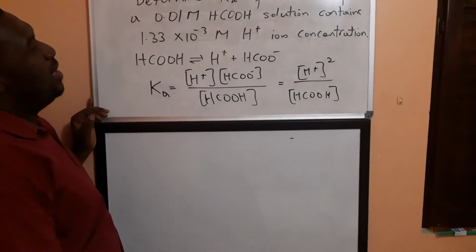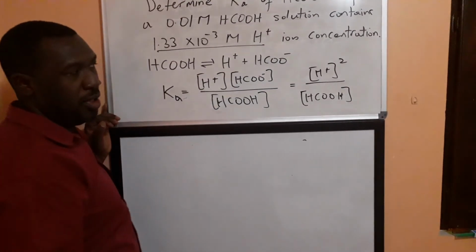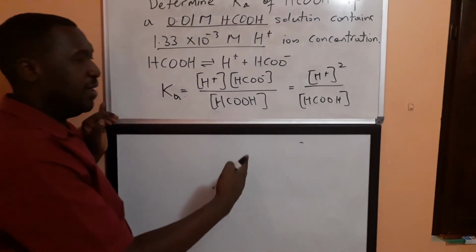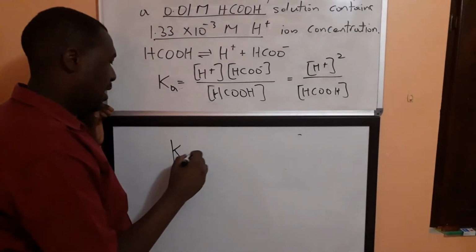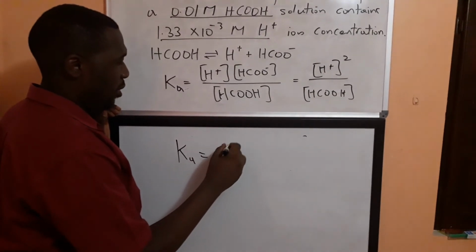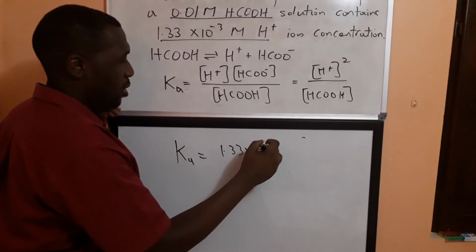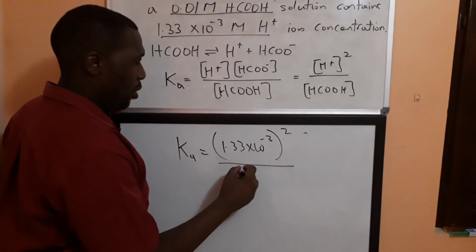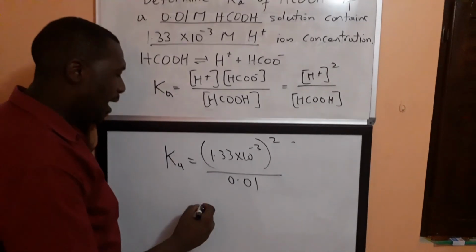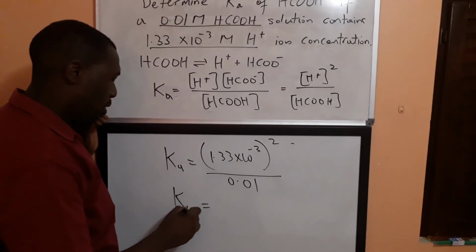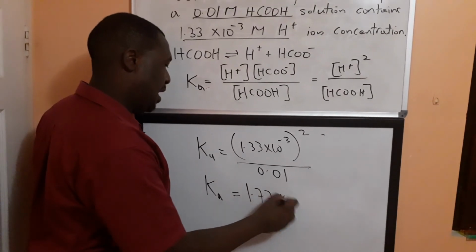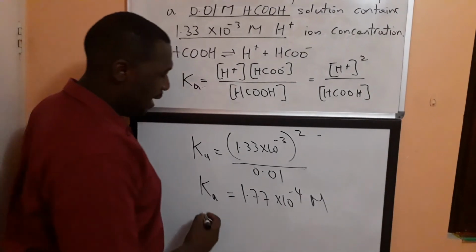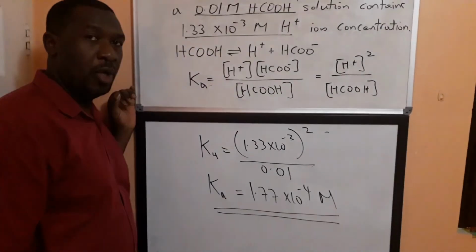Now, since we have both a hydrogen ion concentration and the concentration of the methanoic acid, we can fit that into the equation here and write Ka equal to (1.33 times 10 to the minus 3) squared over 0.01. And if I work that out, the answer will be 1.77 times 10 to the minus 4 mol per dm cubed. And that's calculating Ka of a weak acid.